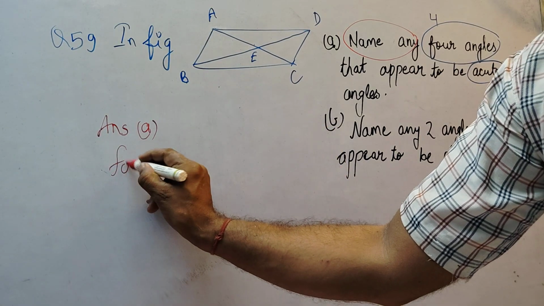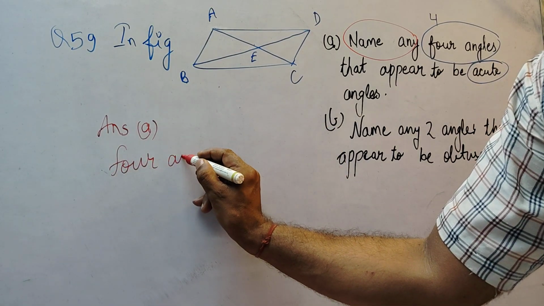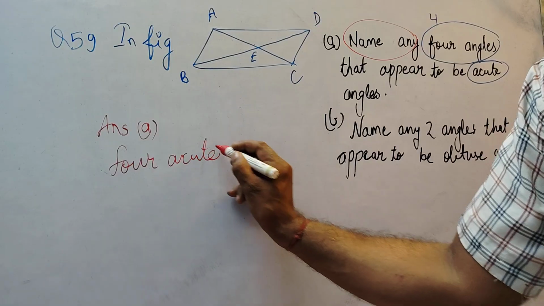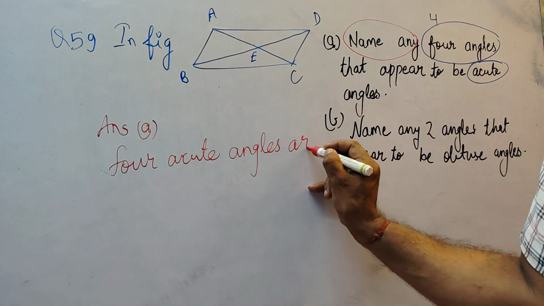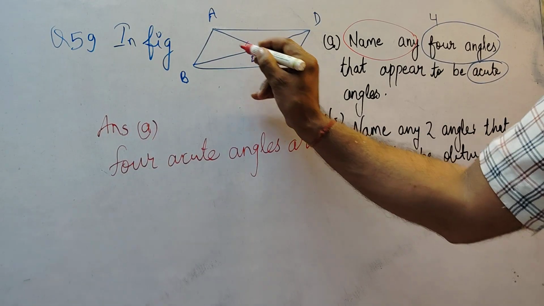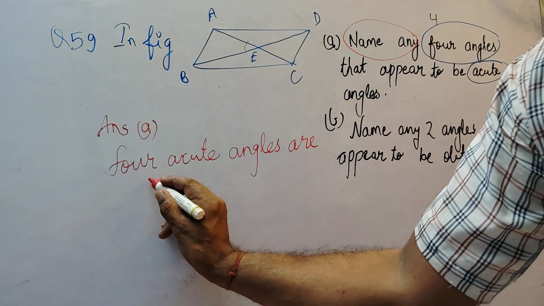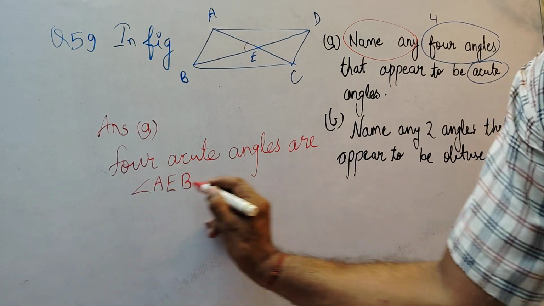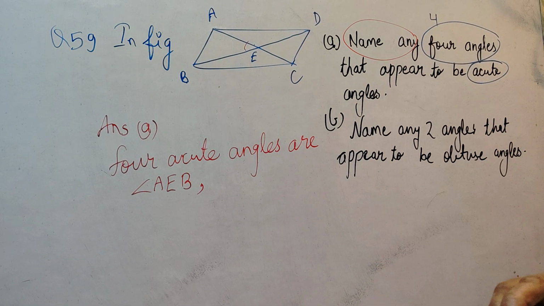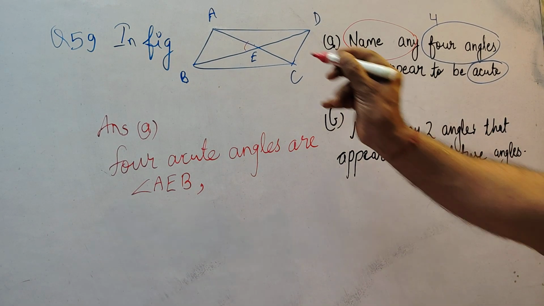So four acute angles are: first one is AEB, angle AEB. We add this angle sign before we write the three letters AEB. Clear?